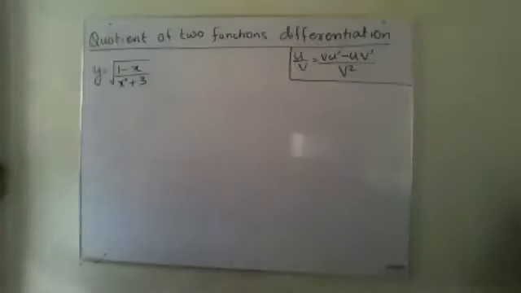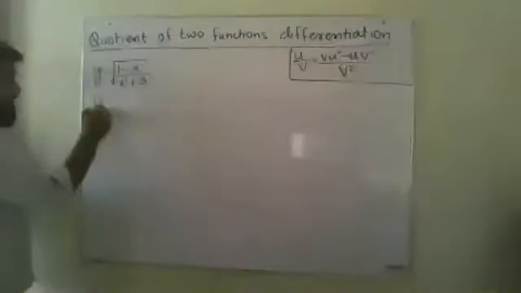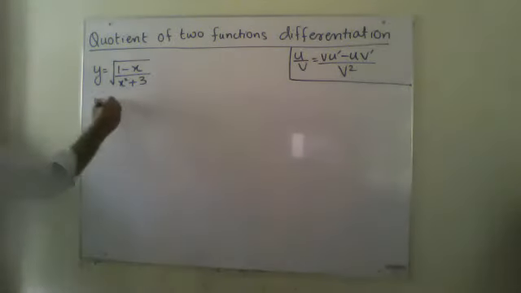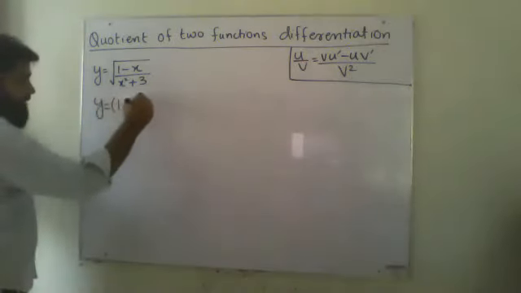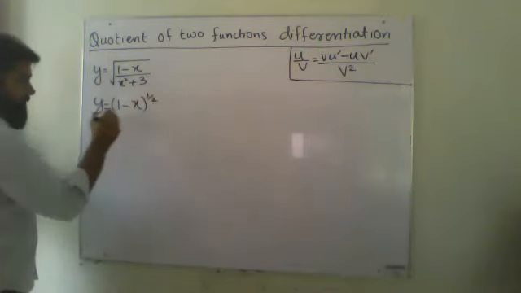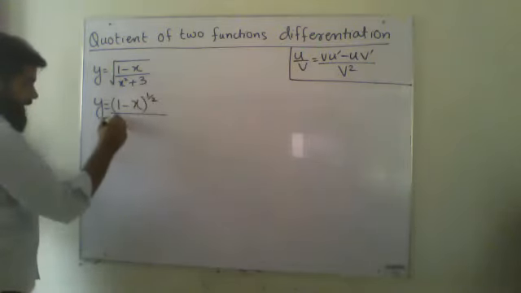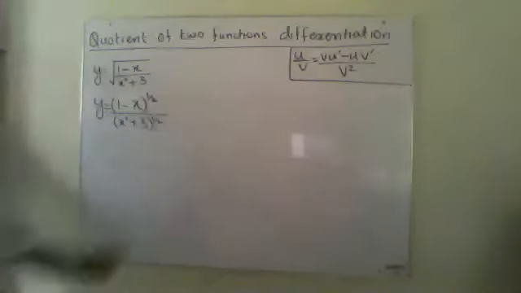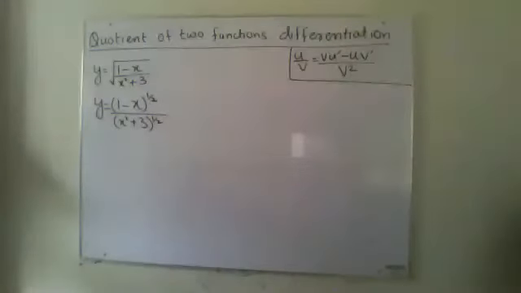As both of them are under root, I can apply my roots separately. (1 minus x) power half and (x square plus 3) power half. I have simplified by breaking my root on numerator and denominator separately.